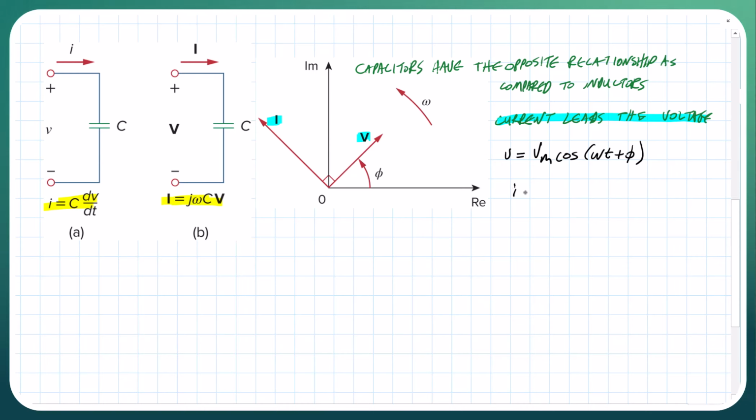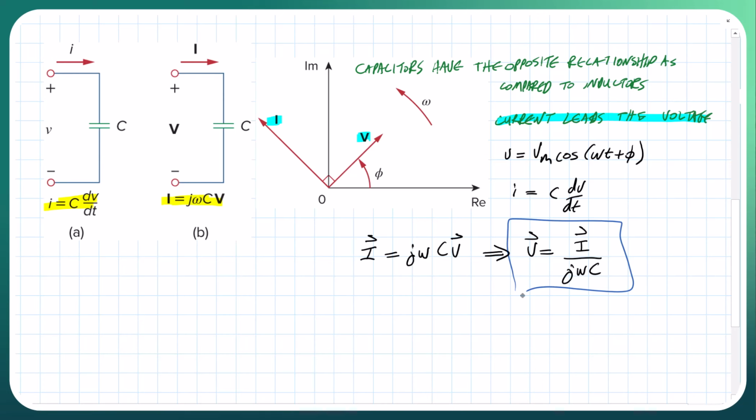The current through the capacitor is i equals C dv/dt. Following the same steps as previously, we get the phasor I equals j omega C V, which can be rewritten as V equals I over j omega C. This is our transformation, our relationship between the time and the frequency domain.